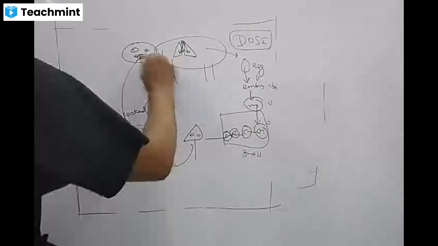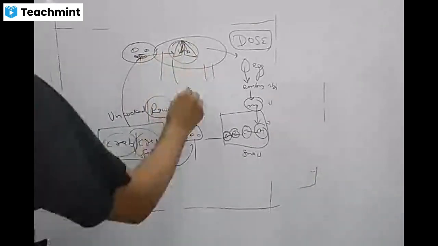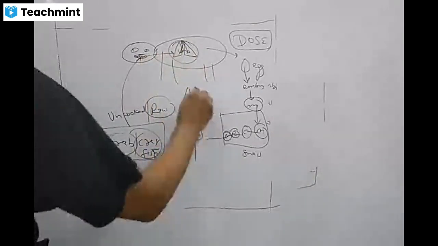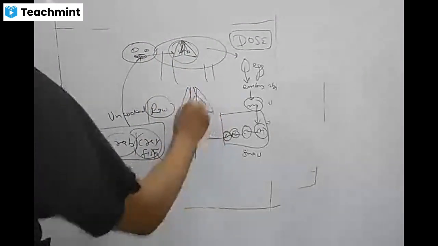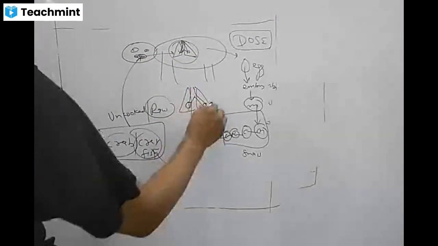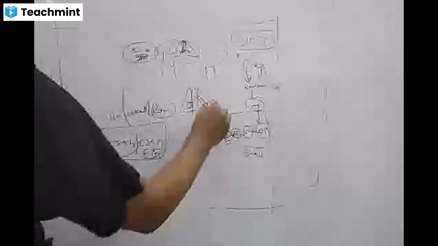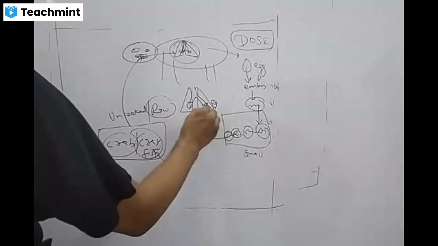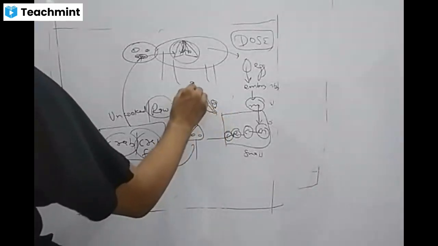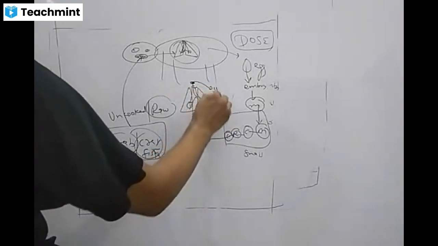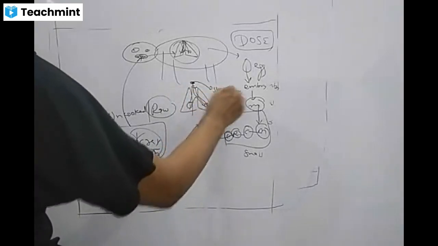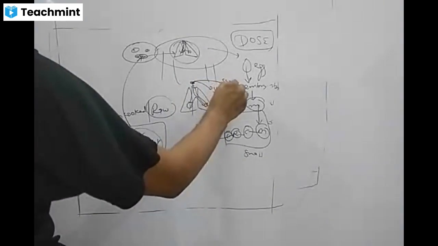Then they will reach the lungs. Inside the lungs, the adult will release some eggs, and these eggs will come out in sputum, or they may be swallowed.